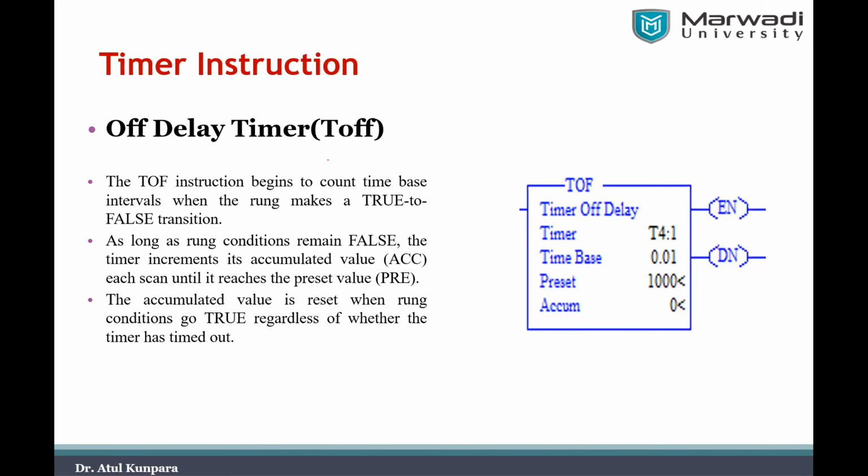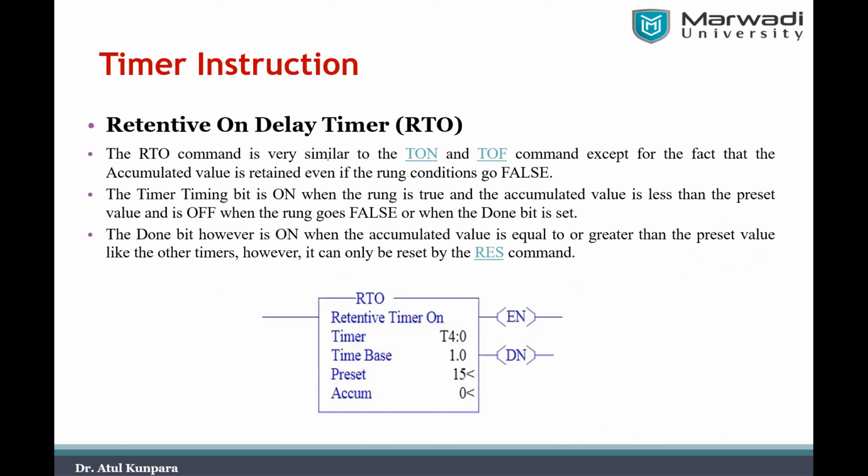Yes, sir. And one more block that you have is the retentive on delay timer. The specific difference between the normal on delay timer and the retentive on delay timer is what? In this retentive on delay timer, your accumulated value, meaning whatever timing task has been completed, is kept.